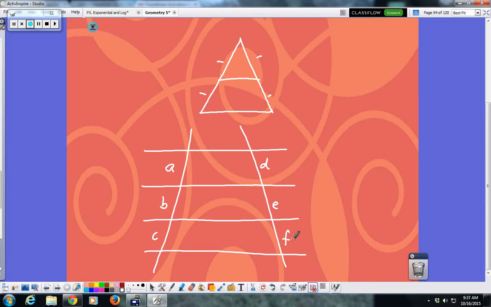A over D is equal to B over E. B over E is equal to C over F. C over B, or C is to B as F is to E. You could set up that proportion. A over C, or A is to C as D is to F. You could set up that proportion. But anytime you see parallel lines, and that goes for the rest of geometry, you have proportional pieces. Parallel lines cut off their transversals into proportional pieces.